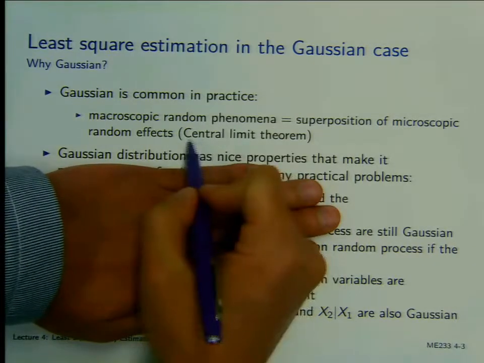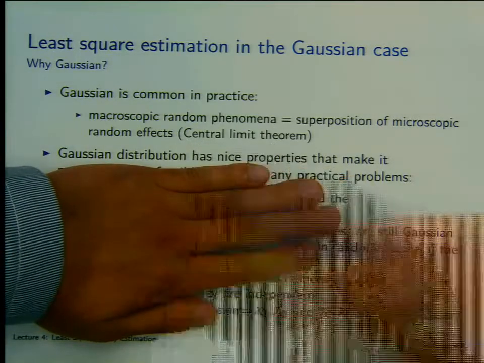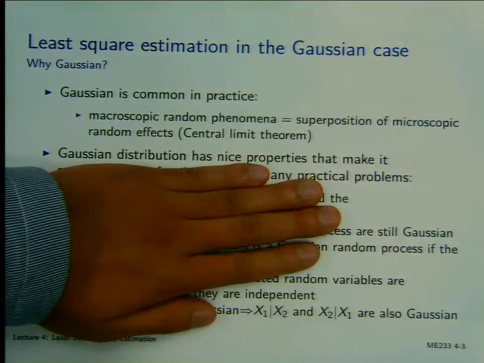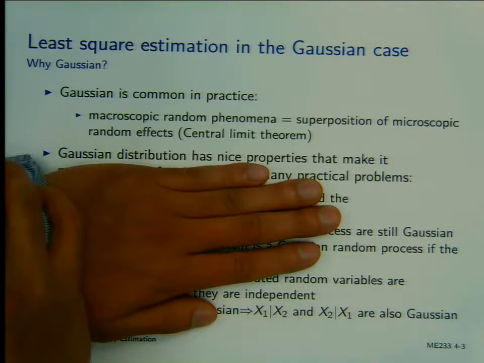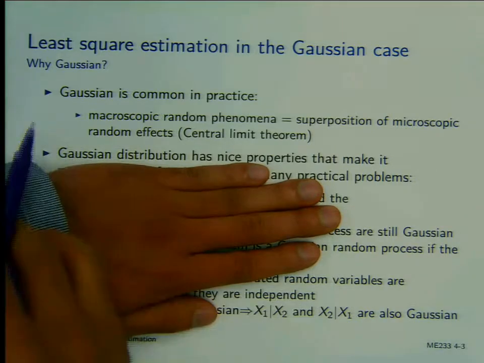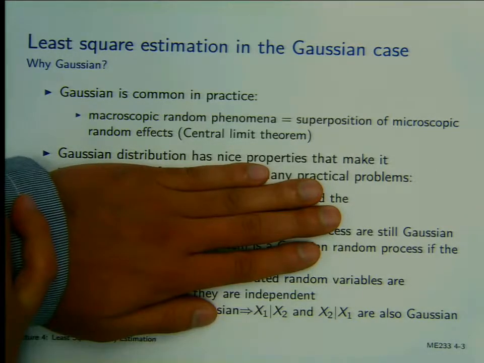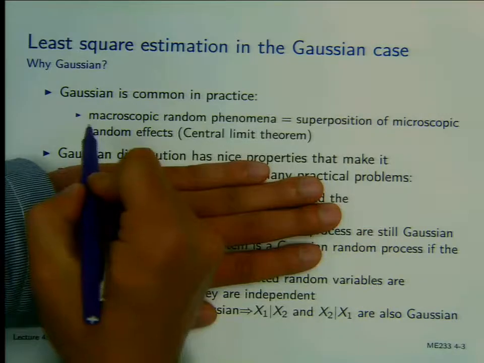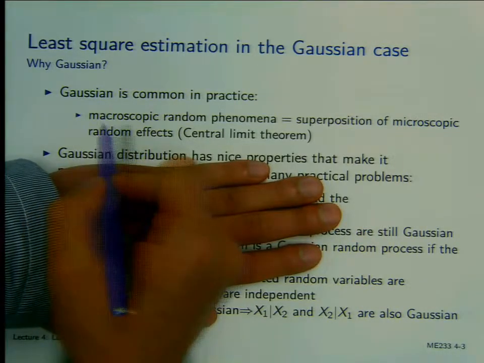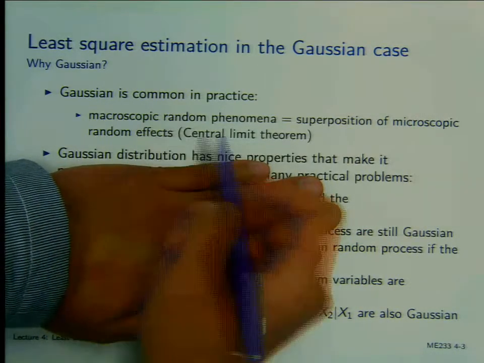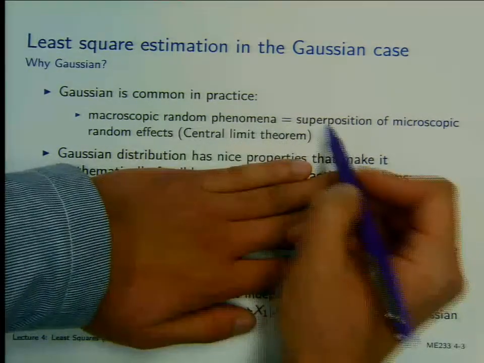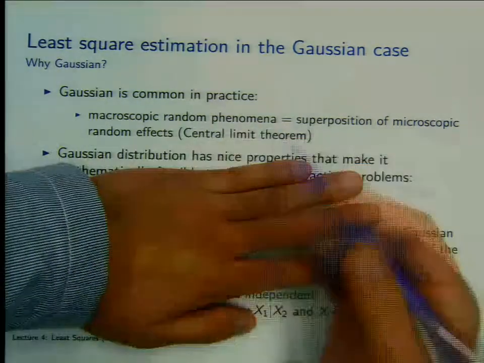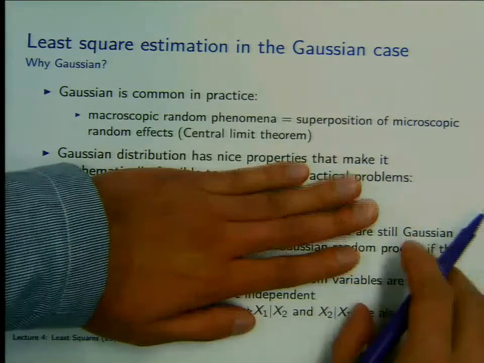We reviewed the central limit theorem, which says that if a lot of random processes are independent and identically distributed, their summation will approximate a Gaussian. In the real world, we have a lot of randomness, and the superposition of this randomness gives us a Gaussian. That's why Gaussians are common in practice.